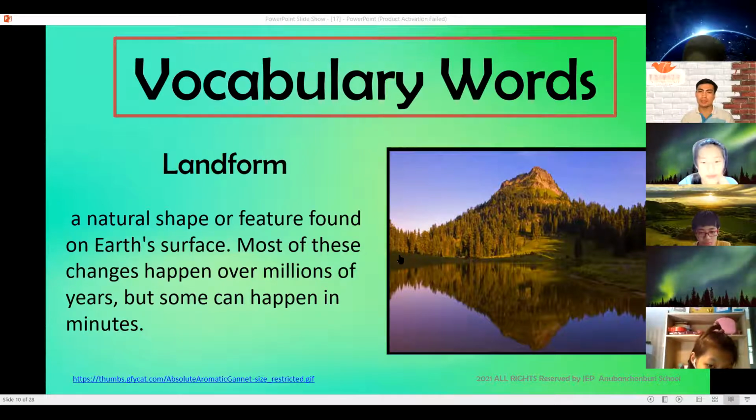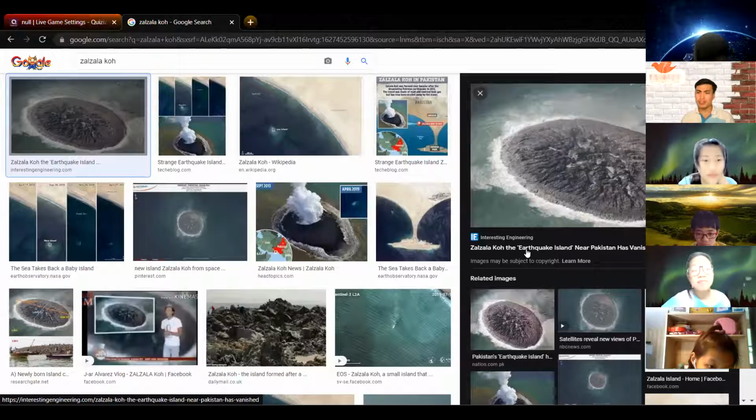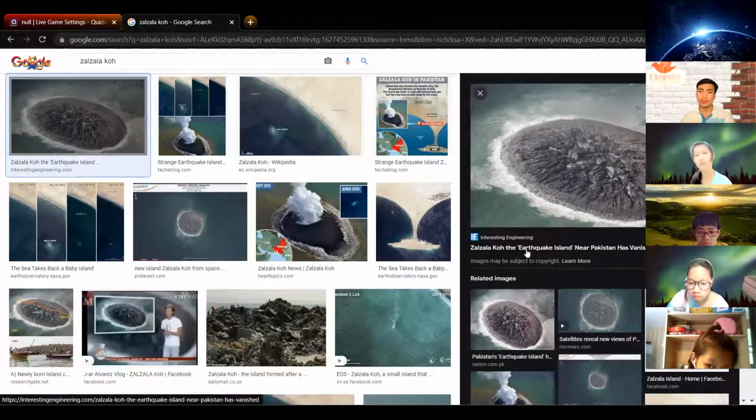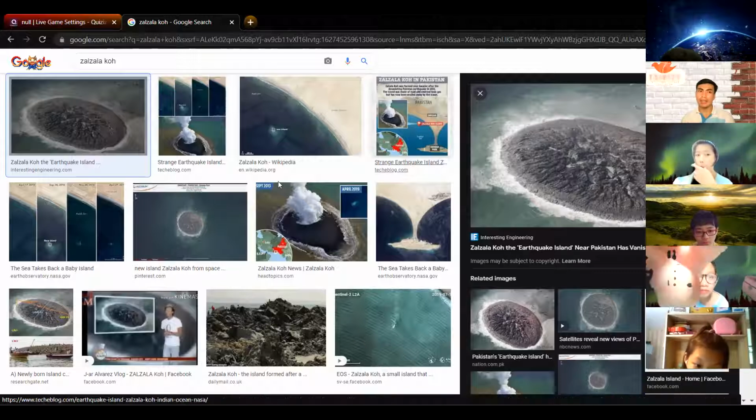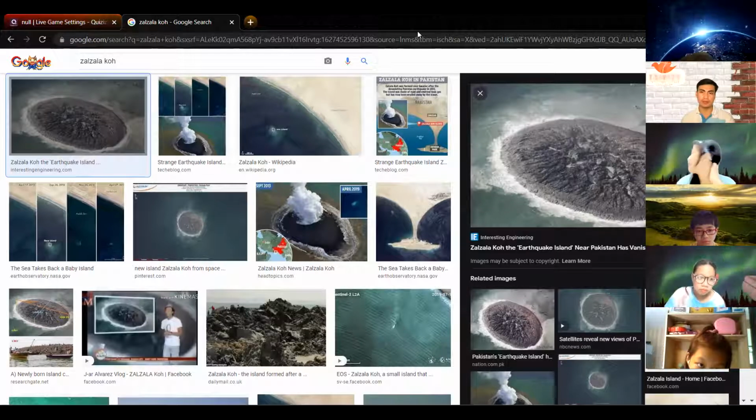Can you see it? People call it earthquake island because this earthquake created an island. So it is the new island that was created because of an earthquake. So that is a landform.